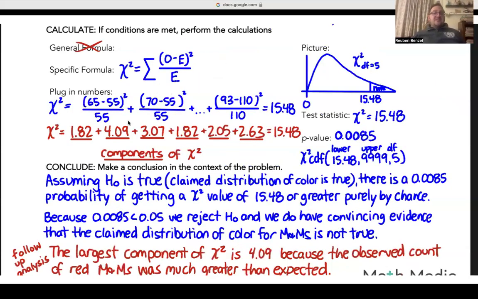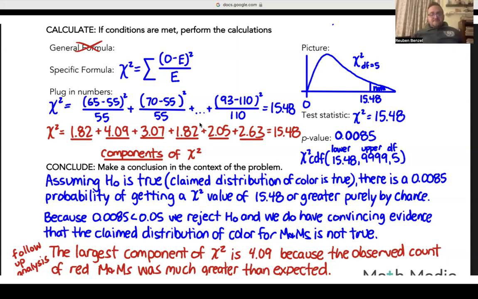In terms of the computations, you can do the formula approach, and you'll see this type of formula setup on multiple choice questions. Observed minus expected squared over the expected. Or you could do that chart that we did on your bell work.